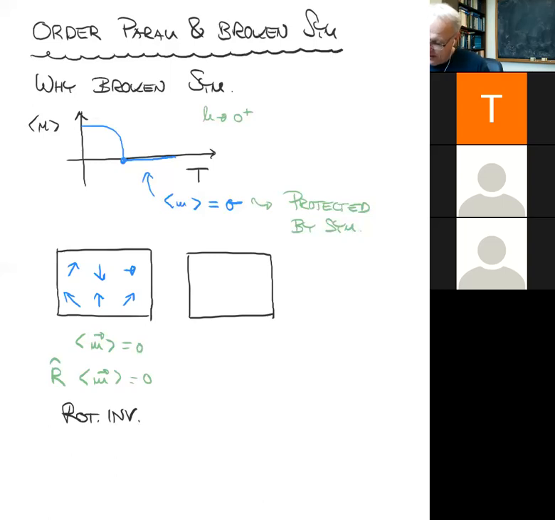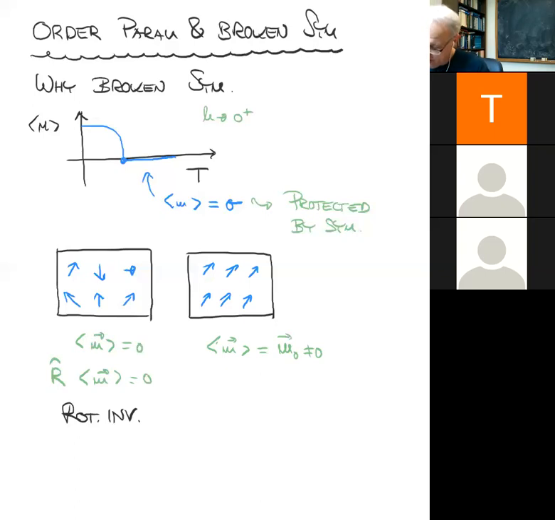And the other option, again, is now the spins have to point in some direction. Again, it doesn't have to be up. It could be any direction. The important thing, obviously, is that they're aligned. So now we have a situation where the mean magnetization is equal to some value, which is not zero.